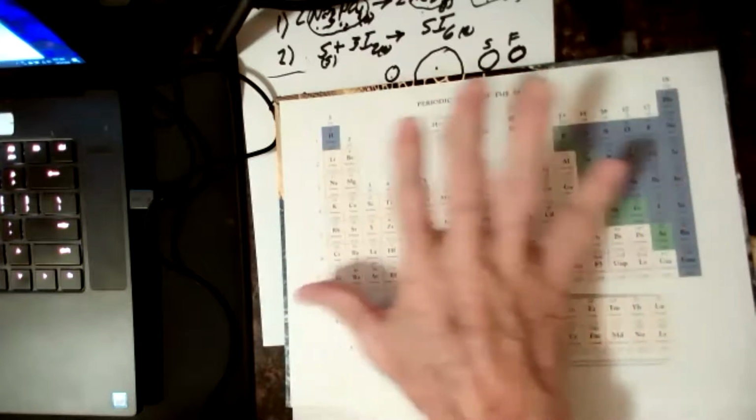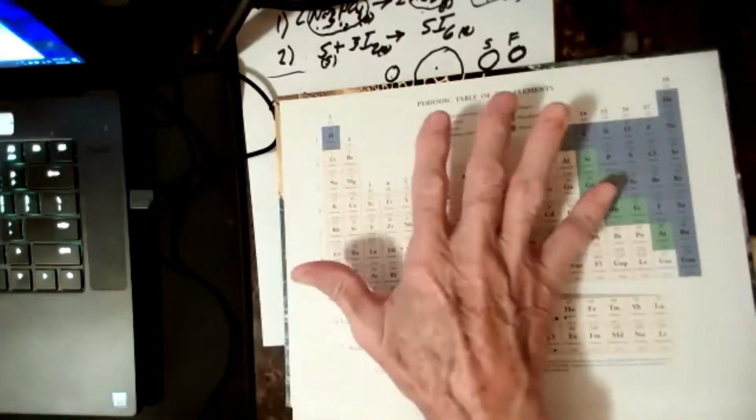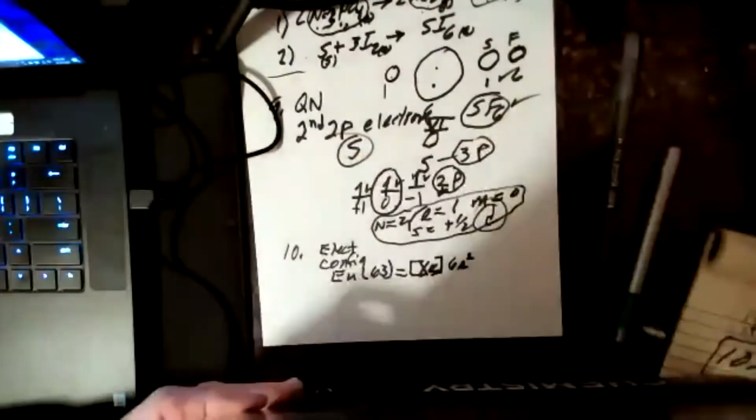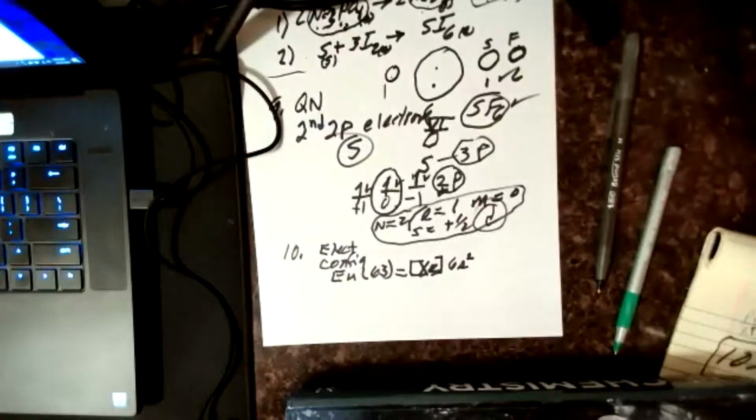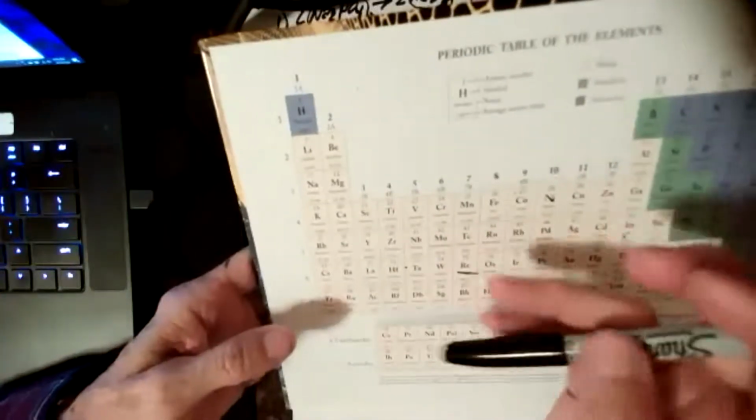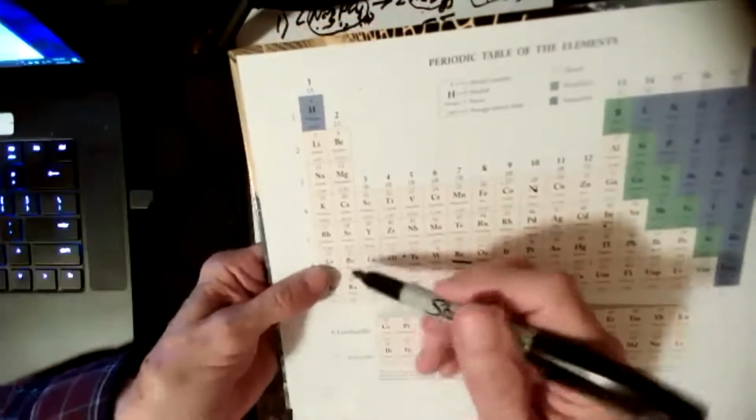Now, the honest truth is it does happen in several places on the chart, but it happens routinely for elements in those two families. Otherwise, we're going to let the periodic chart tell us. We're going to follow the yellow brick road.